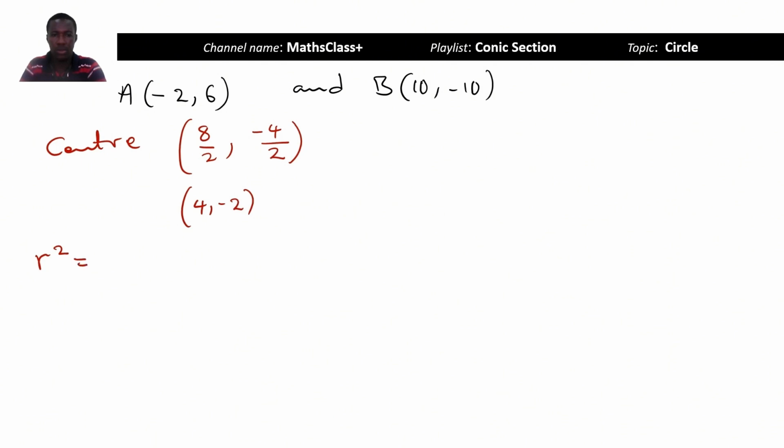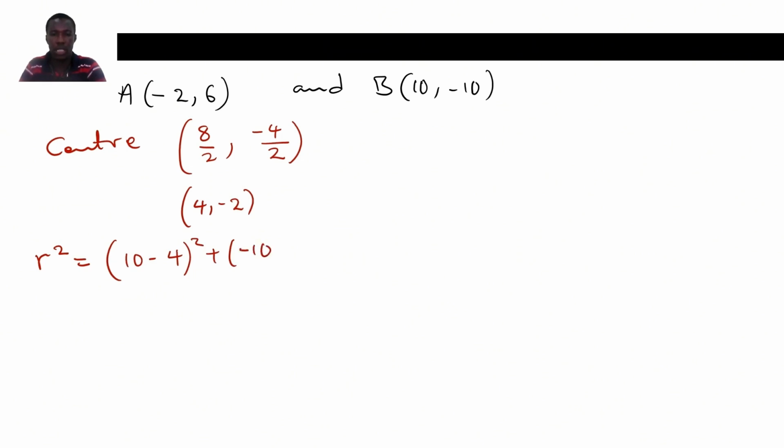So the radius squared will be given as (10 minus 4) squared plus (negative 10 minus negative 2, which is plus 2) also squared. That will give me 6 squared, which is 36, plus negative 8 squared, which is 64.